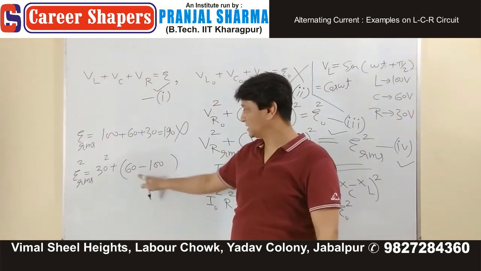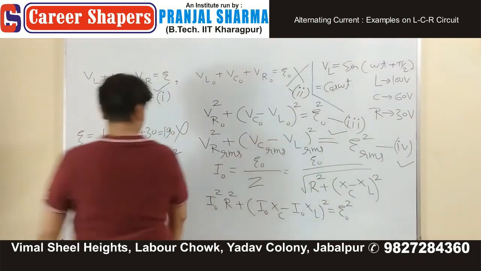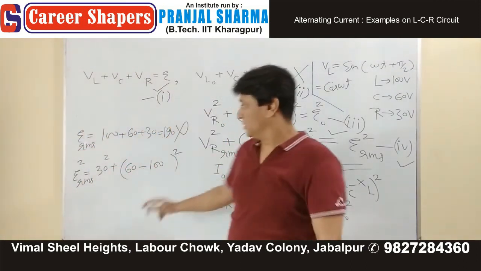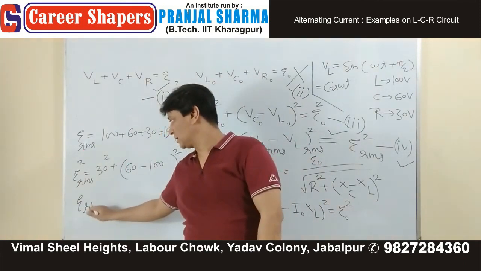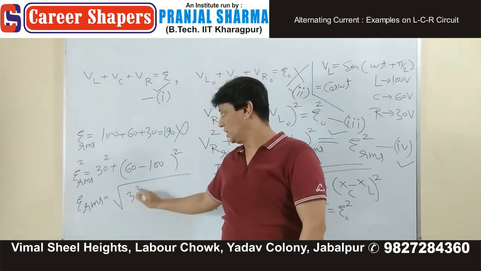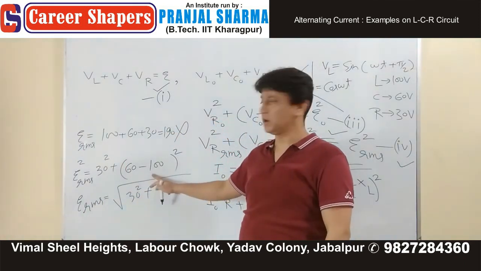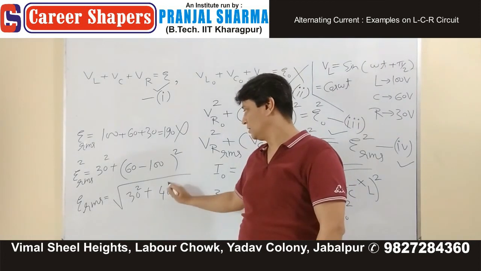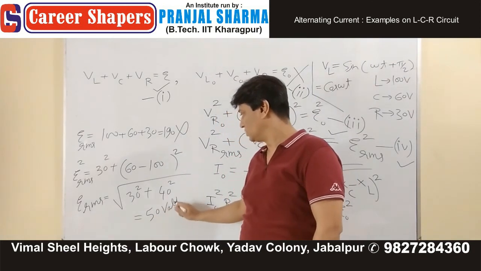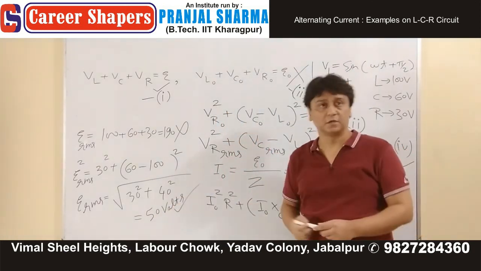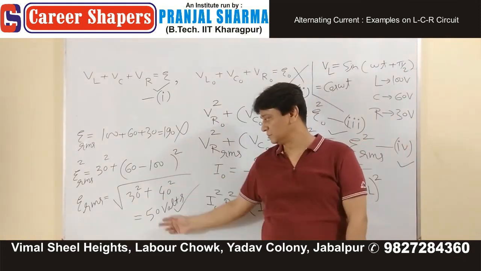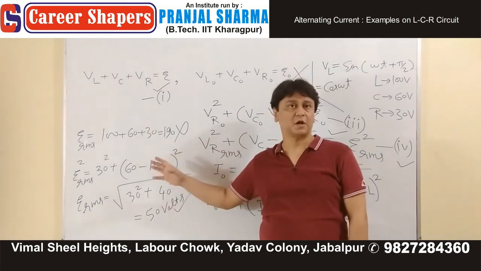You're squaring 60 minus 100, that is, VC minus VL. This gives you E RMS as root over 30 square plus 60 minus 100, which is 40, square. This, I suppose you know, gives you 50 volts. That's the correct answer. E RMS is coming 50. It's not coming 190.